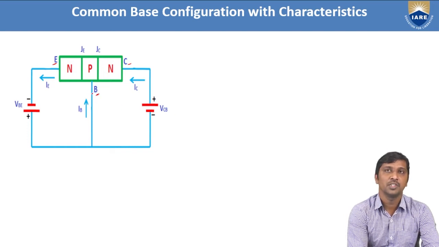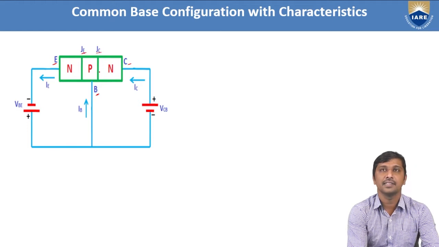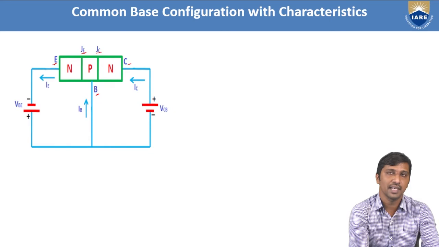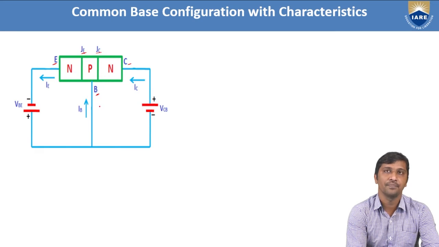When we form these two PN junctions back to back, it creates two junctions: one across the emitter side and one across the collector side. Here this acts as one PN junction, and here this acts as another PN junction. The aim is to take the emitter as the input side with respect to the base, and the collector as the output side with respect to the base.